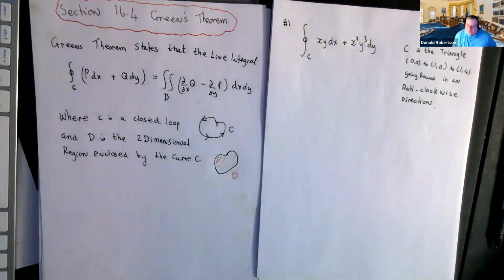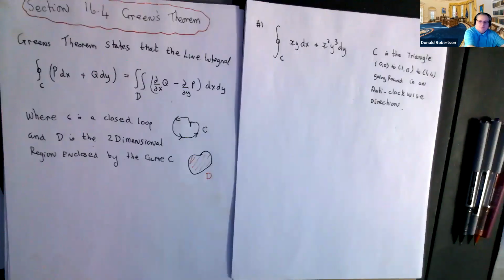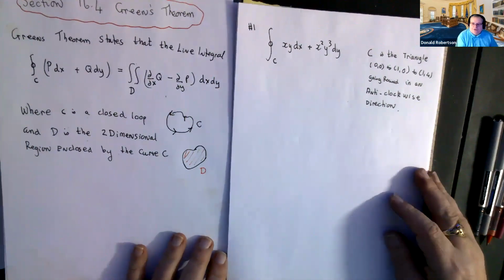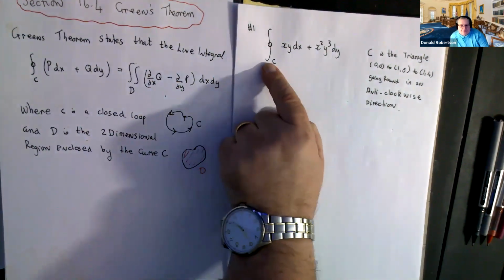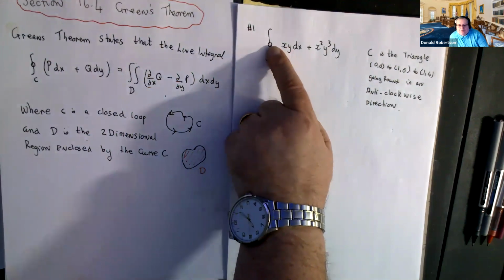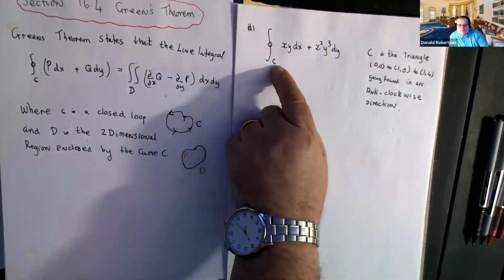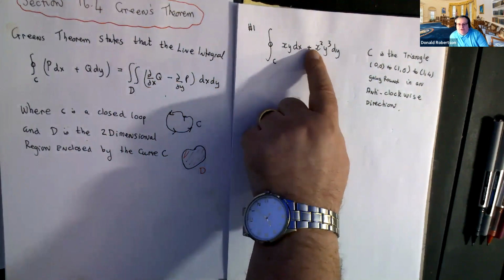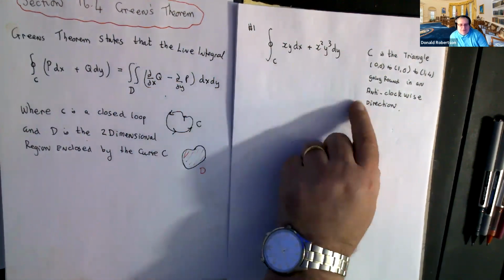And over here, I have an example of a question. Let me try and adjust this a little bit more. There we go. And in this particular question, this is a version of question 1. Actually, it looks to me like it is question 1. This line integral over the closed loop C of xy dx plus x squared y cubed dy.